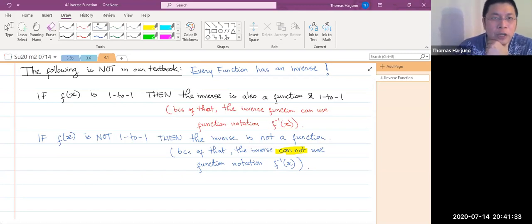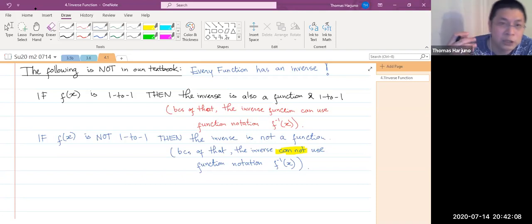So why do you tell us this, Thomas? Well, I'm telling this because even though a function is not one-to-one, we still can find the range of that function. That's one technique that possibly used, not always, but possibly used to find the range of that function. To find the range of that function, one thing we can do is to find the inverse of that function.